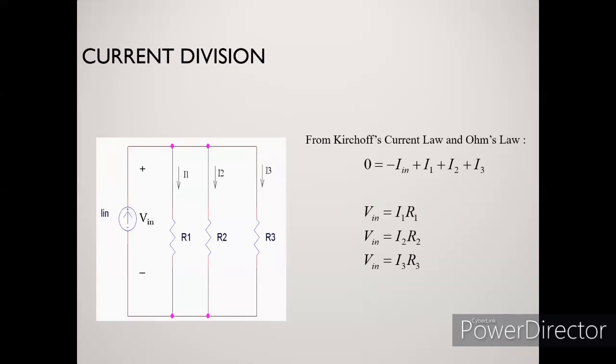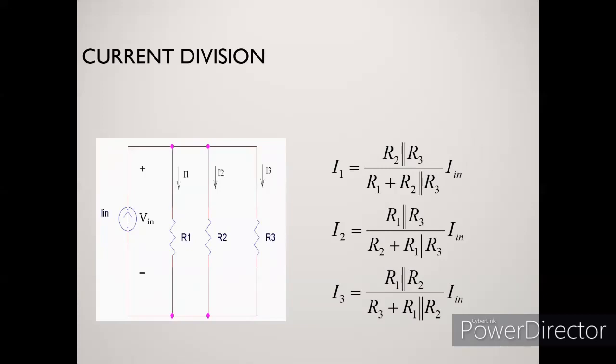So as we can see here, negative I in plus I1 plus I2 plus I3 equals 0. And Ohm's law is V equals IR. Here is the formula for current division: R2 double bar R3 over R1 plus R2 double bar R3 times I total, or I source, and so on and so forth.